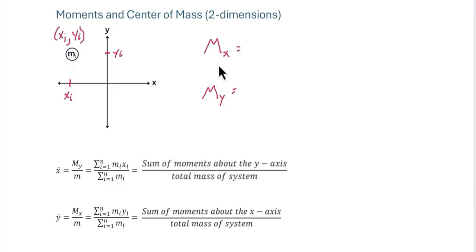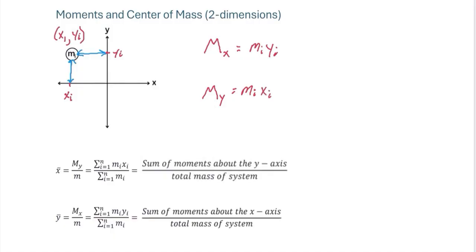The moment about the x-axis will be the mass times the distance from the mass to the x-axis, in this case, y sub i. And the moment about the y-axis will be the mass, m sub i, times its distance to the y-axis, which is x sub i.